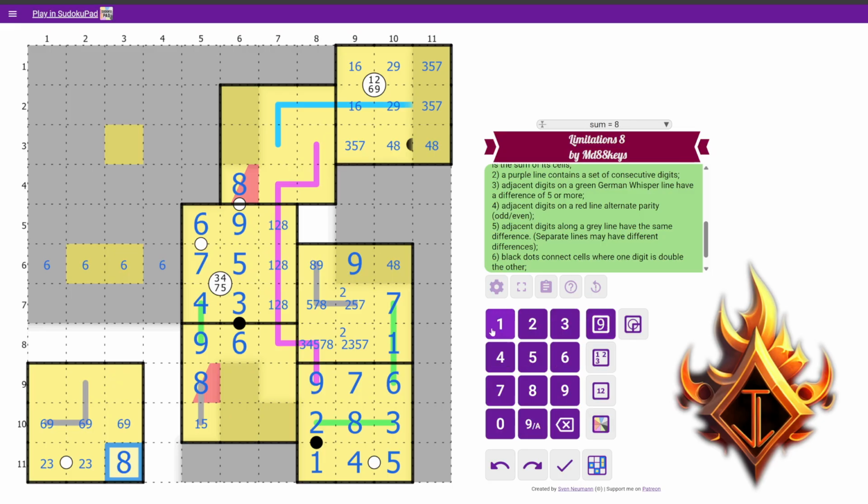I don't need that coloring, I don't think. Hopefully. This can be any number though. Nine can't be here now, so that is 8. That is 4. That is 8. That is 4.